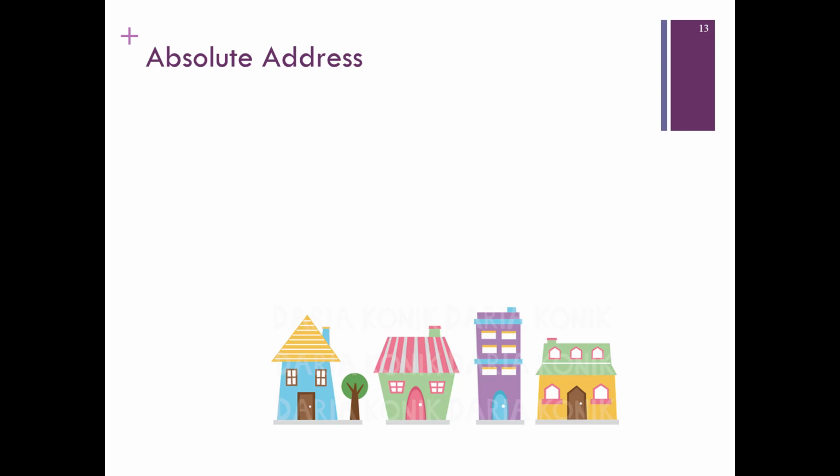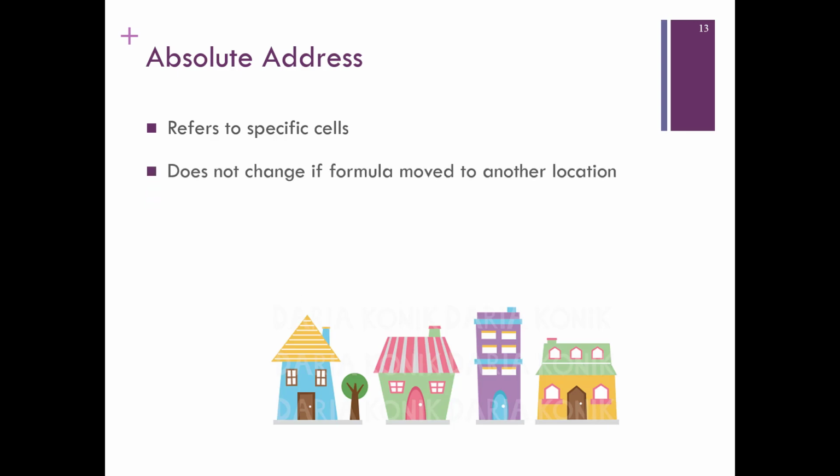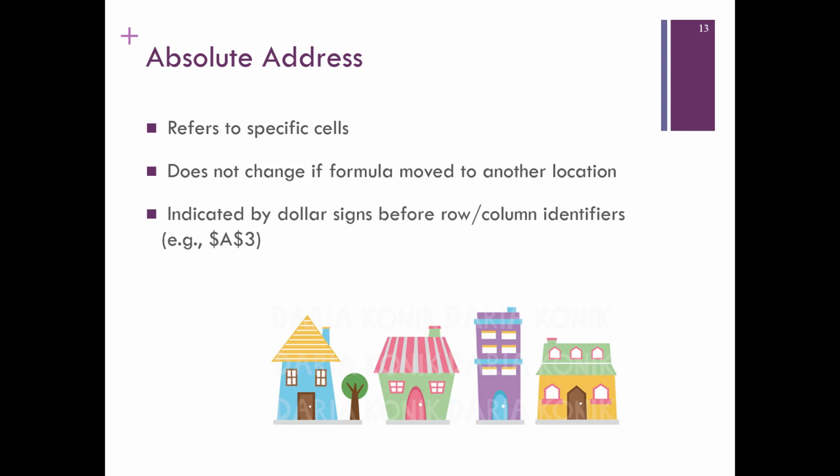Now let's talk about the other type of address, which is the absolute address. So the absolute address refers to specific cells, and it doesn't change if you move a formula to a different location. And you can tell that an address is absolute by the $ that appears before the row and the column identifiers. So here's an example, $A$3. And now, because of those $, you know that this is an absolute address.